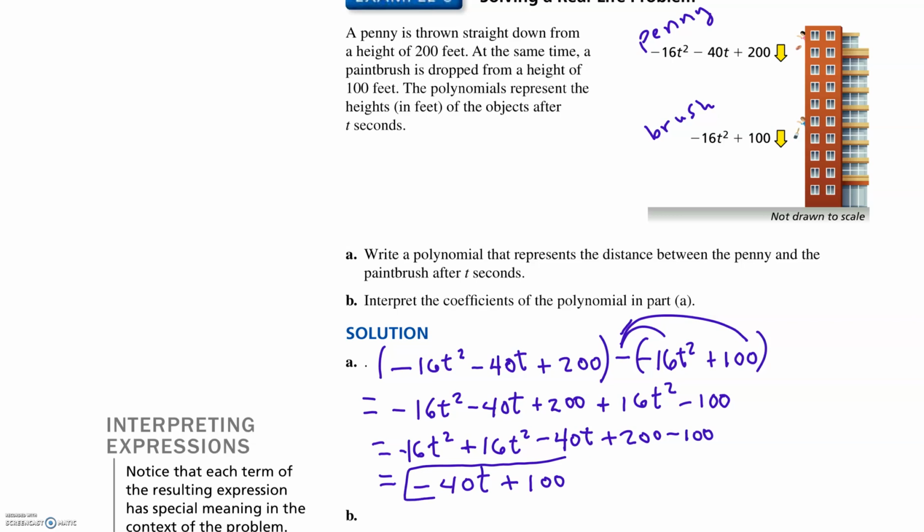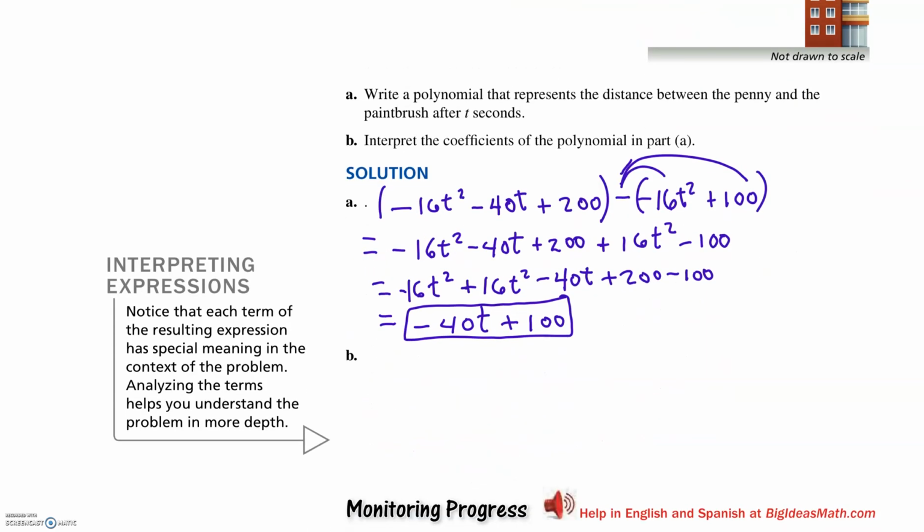That's a polynomial that would calculate the distance between the penny and the paintbrush. Now in part B, we're supposed to interpret the coefficients of the polynomial. And I'm going to start with the 100 because it's a little easier. So when t equals 0, we have 100, right?